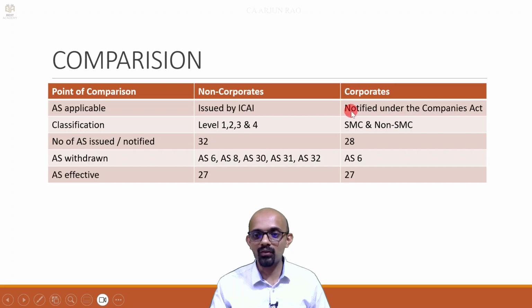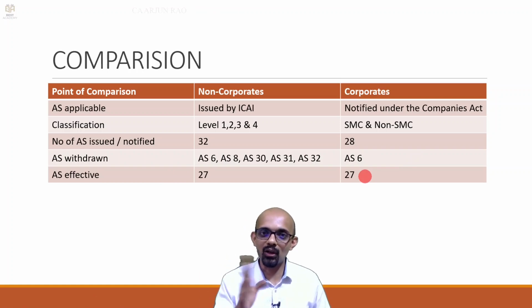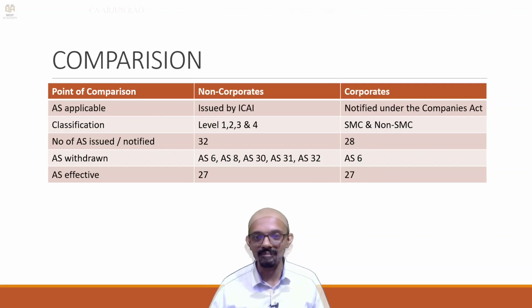For corporates, notified itself was only 28, that is excluding these 4. AS 6, depreciation accounting, was merged with AS 10, in both places. So here also you have only 27. So today, both for non-corporates and corporates, we have only 27 effective accounting standards.